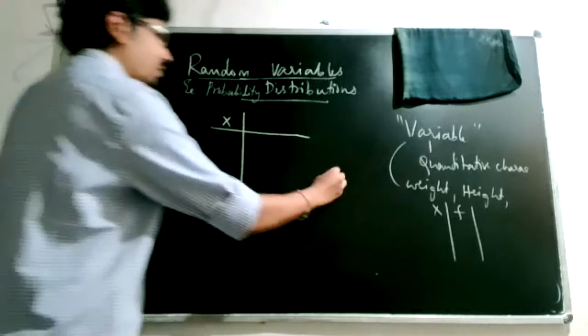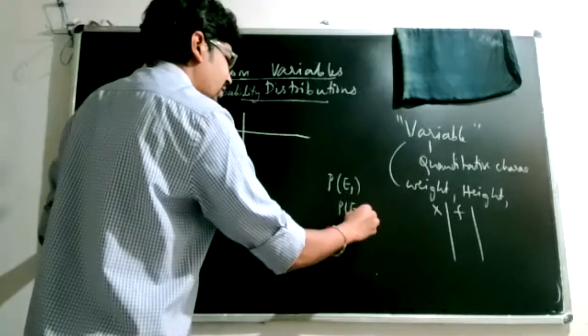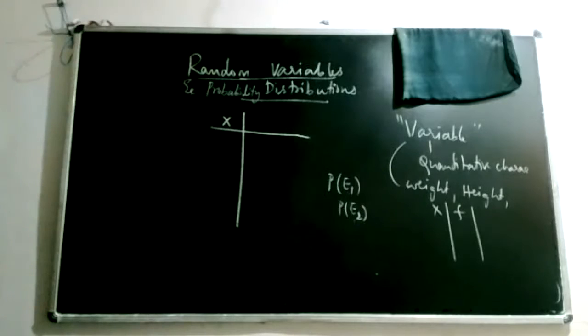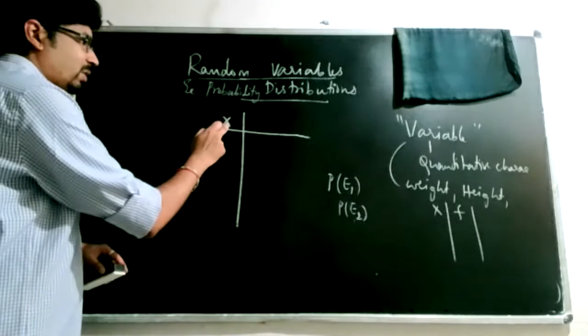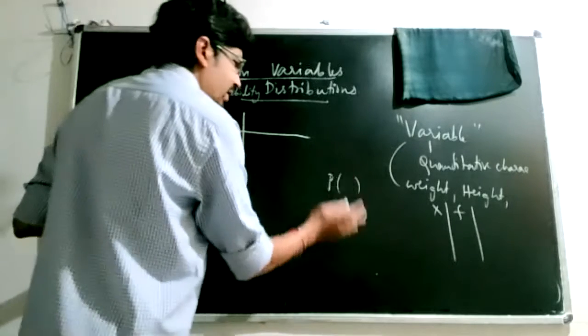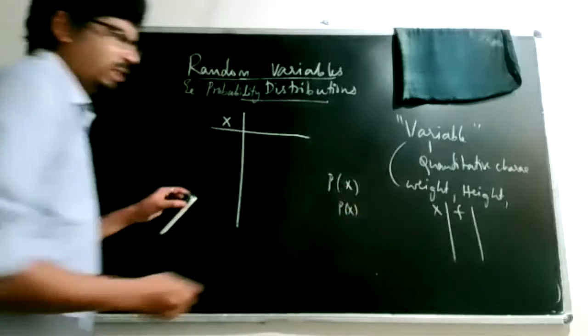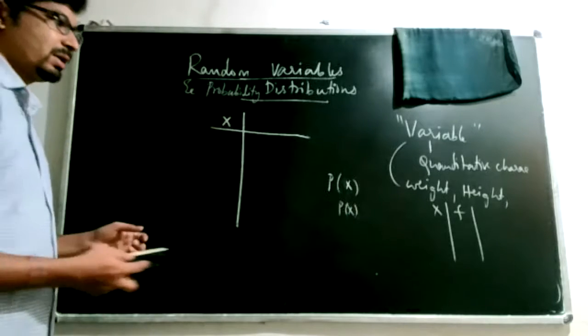Now instead of calling the probabilities P of E1, P of E2, where E1, E2 are basically the simple elements of the sample space, those are now represented by the variable x. So we'll talk about P of x rather than P of E1, P of E2 when we are talking about probability distribution.